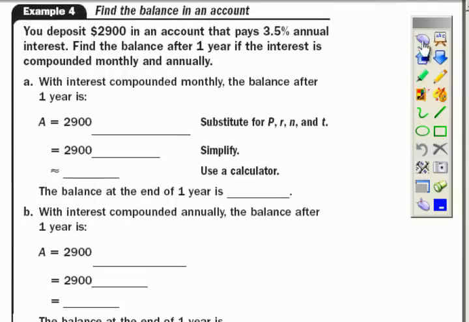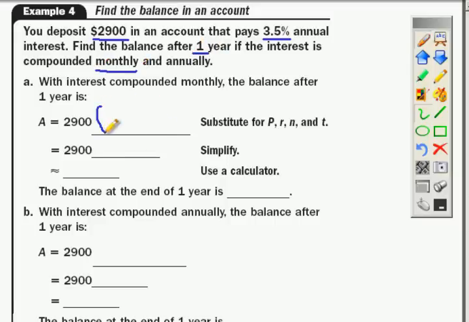Like example 4 here. In example 4, you deposit $2,900, that's your principal, in an account with 3.5%, that's your interest rate, and what's your balance going to be after 1 year if it's compounded monthly. That's how many times that it's been compounded.